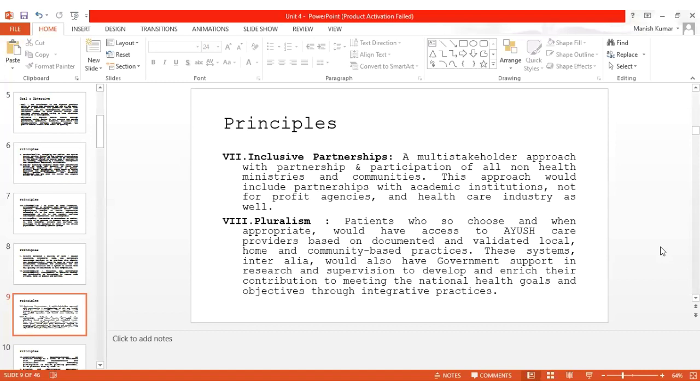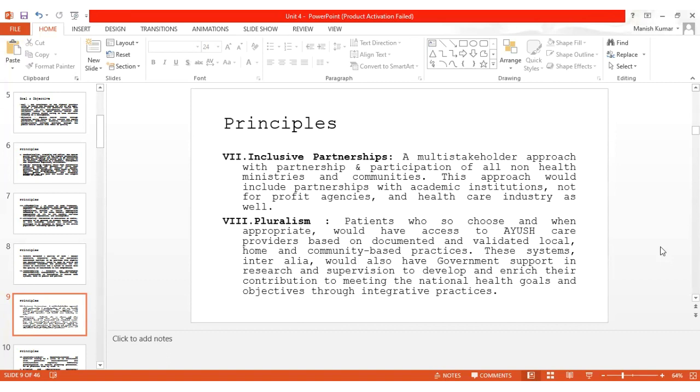So if a patient thinks, I should go and consult an Ayurvedic medical practitioner, they should be able to go and take a consultation from them and be taken care of by those doctors. Similarly, this holds equally for other systems also.